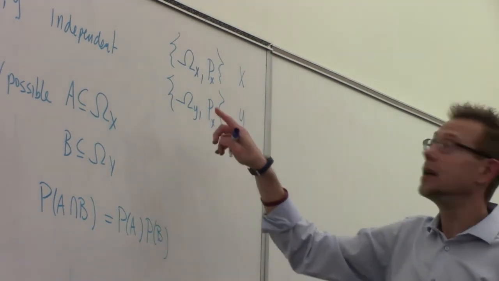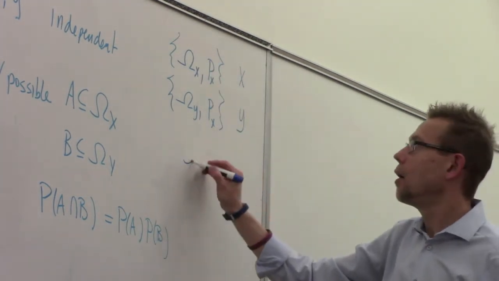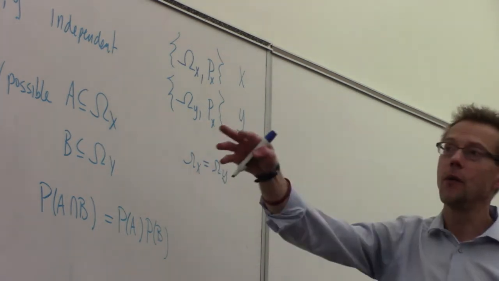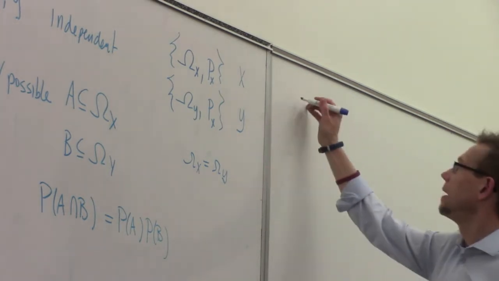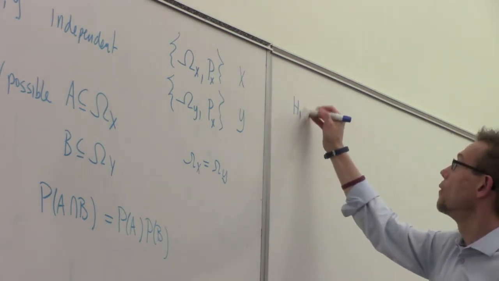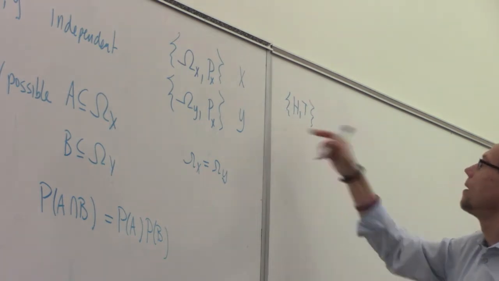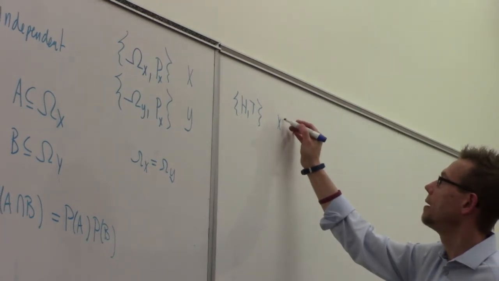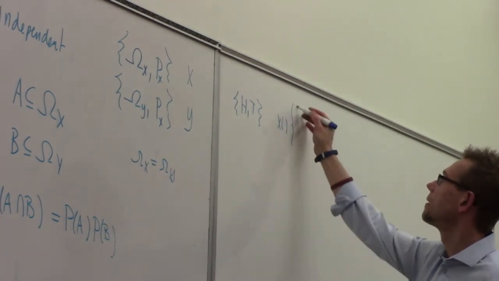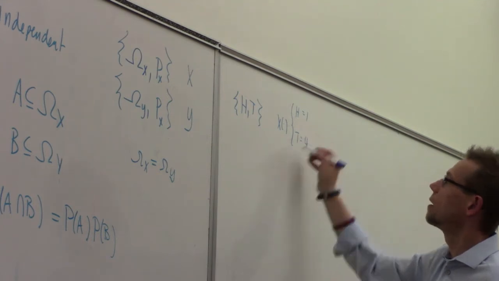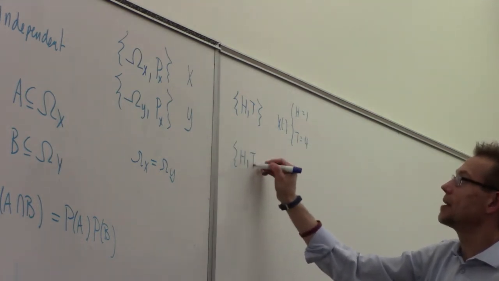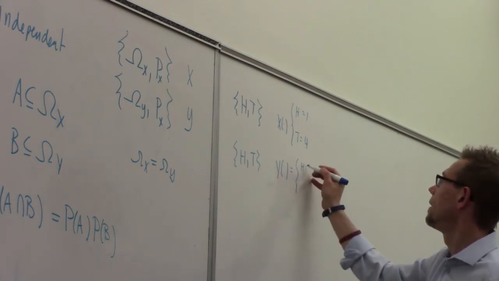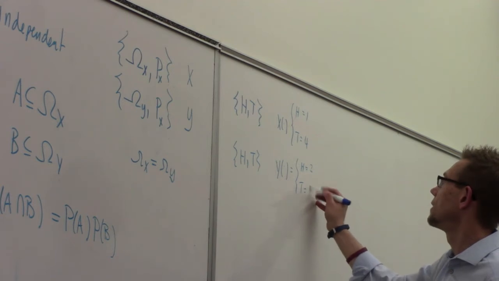One possibility is that these are really the same, meaning omega x equals omega y. If that's the case, imagine our coin flipping example. If we said the original sample space is this, the random variable associated with this is x, and that happened to be, for instance, heads equals 1, tails equals 4, and imagine an experiment where this is y, but now it's heads equals 2 and tails equals 16.